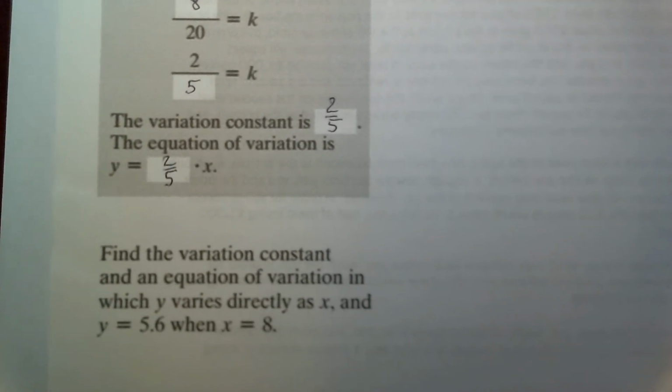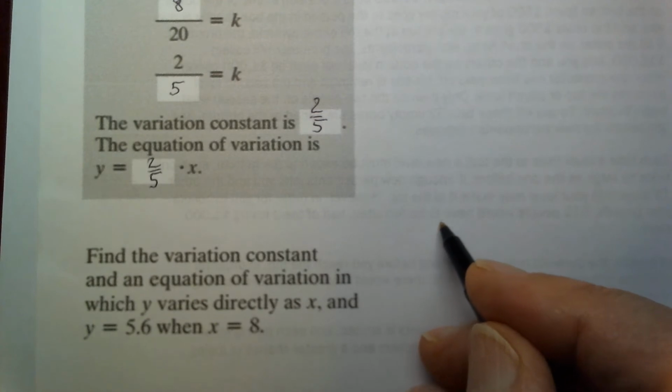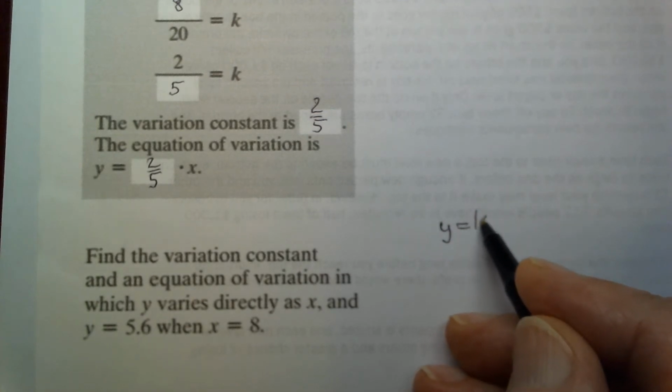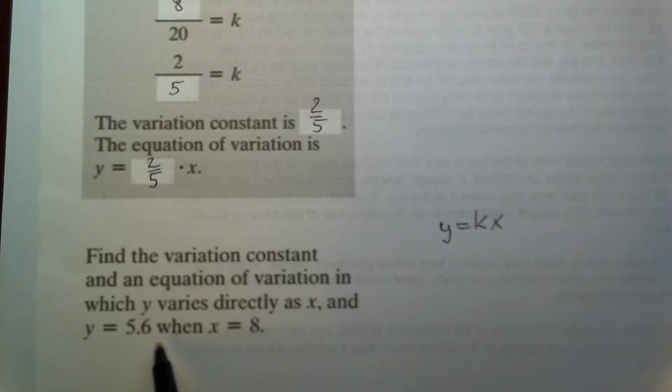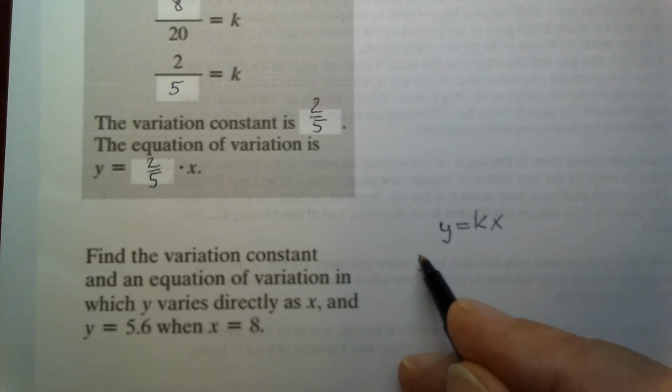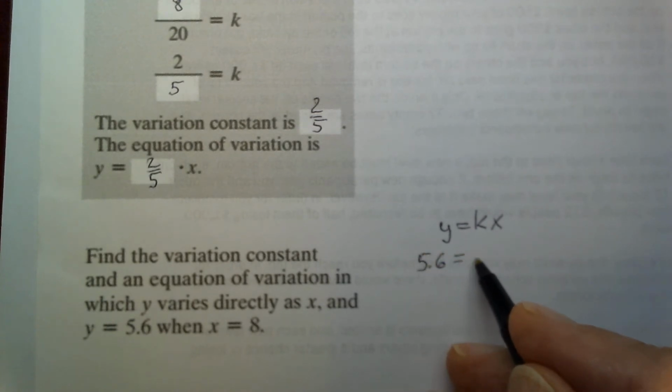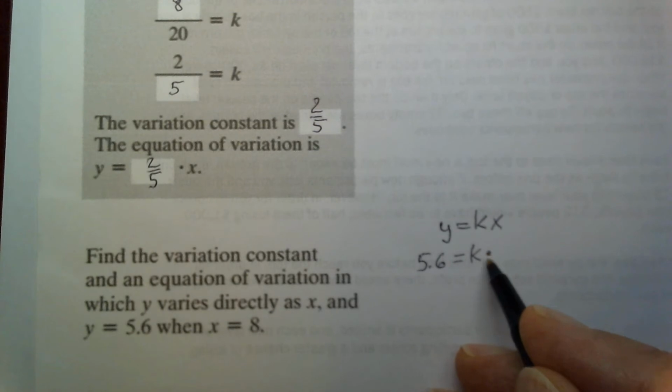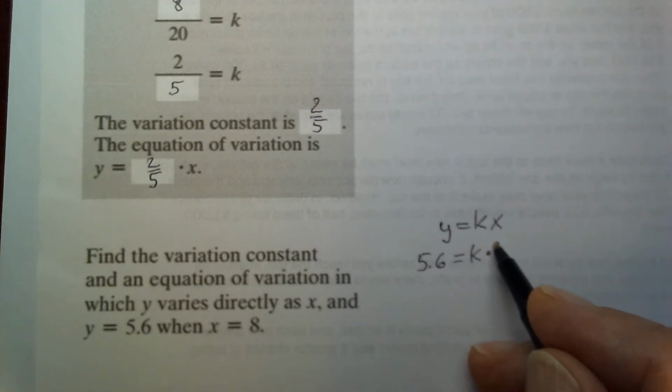Similarly, when you look at the next exercise, find the variation constant and the equation of variation in which y varies directly as x and y equals 5.6 when x equals 8. So in other words, we're looking at y equals k times x. So y is equal to 5.6 equals k times 8, x equals 8, so k times 8.